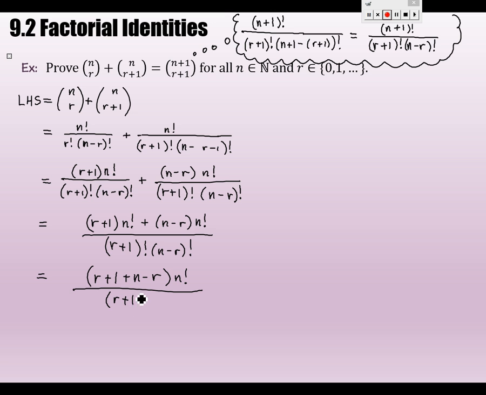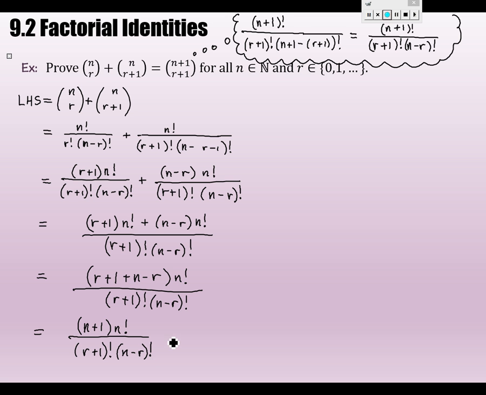What is in those parentheses there? What is the numerator there? Is that an n plus 1? How's this feeling, you guys? Isn't that just n plus 1? n plus r minus r.